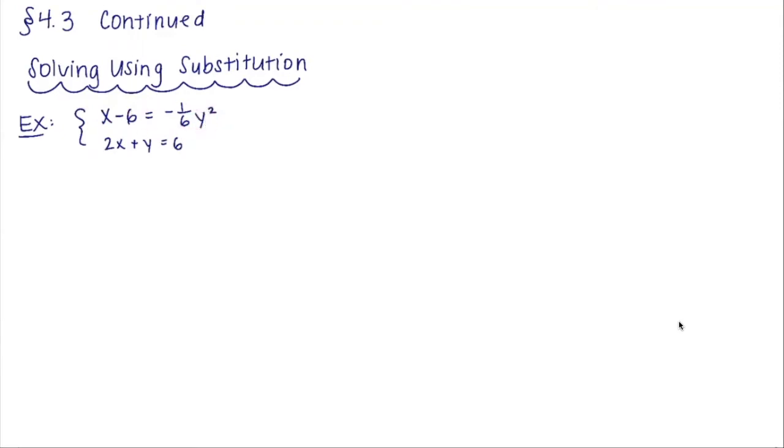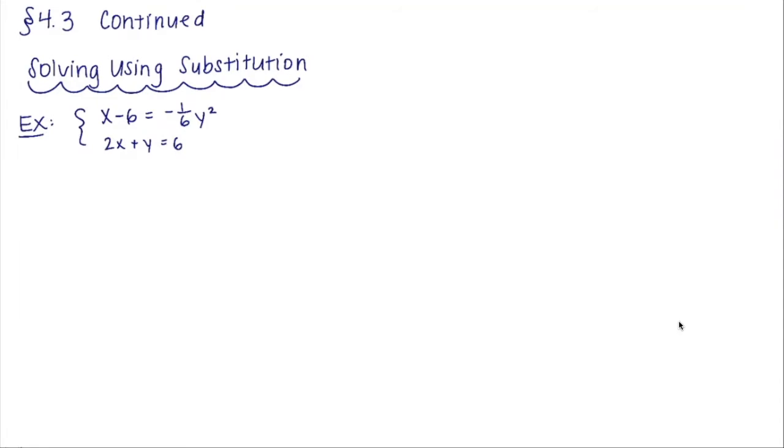So yesterday we talked about rewriting our linear equation so that we could substitute it into our quadratic equation, and that will work. So you have a lot of options when it comes to substitution. Today I'm just going to show you another possible method or strategy that you can use to find the solution to this system.